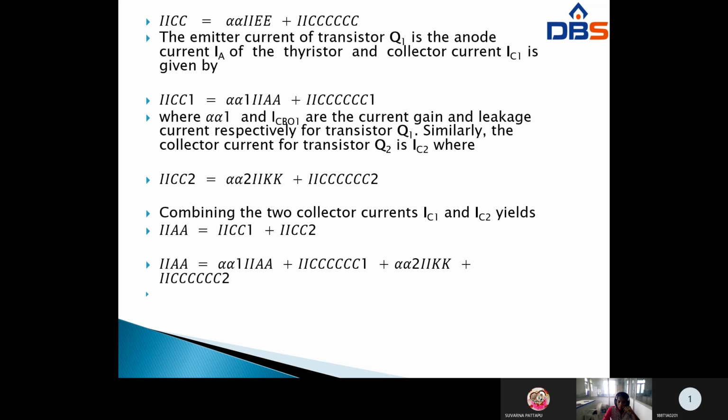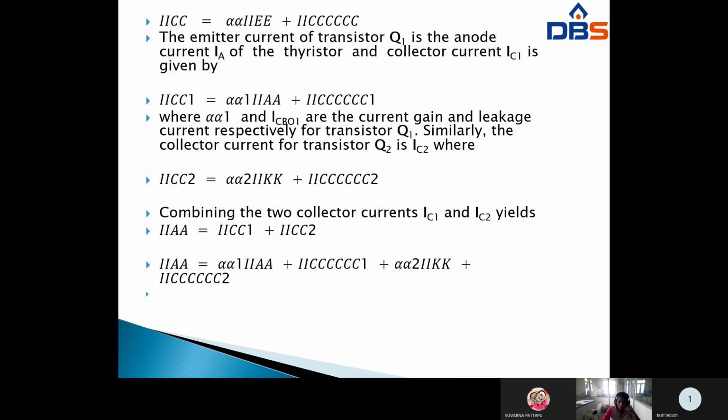So this anode current equals alpha1 IA plus ICBO1 plus alpha2 IK plus ICBO2.